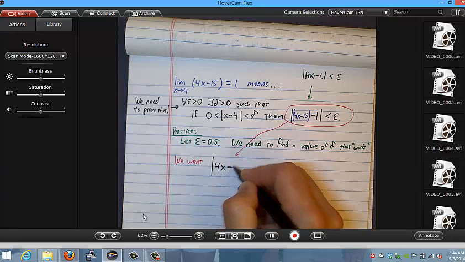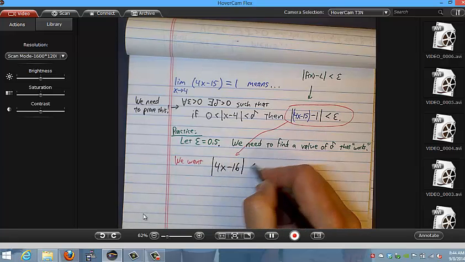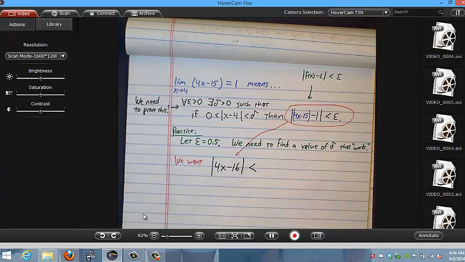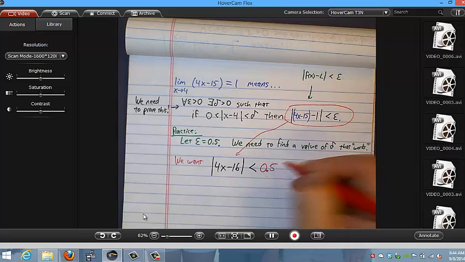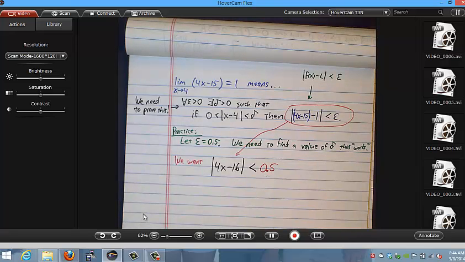Sure, we want 4x minus 16 to be less than, and I'm going to make this in red because the only reason I'm doing 0.5 is we needed kind of to practice a little bit here. We want 4x minus 16 to be less than 0.5. Right? Now here's where, this is kind of interesting what you do next. I'm going to suggest that we do some factoring here.